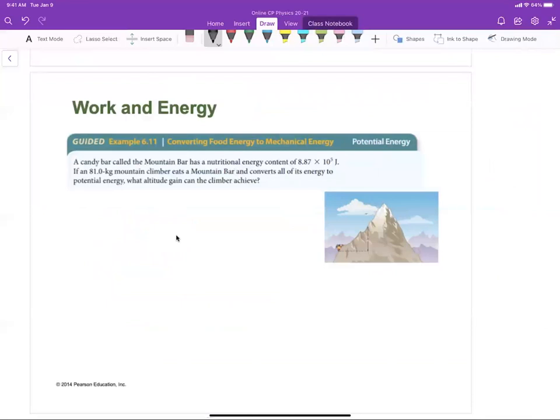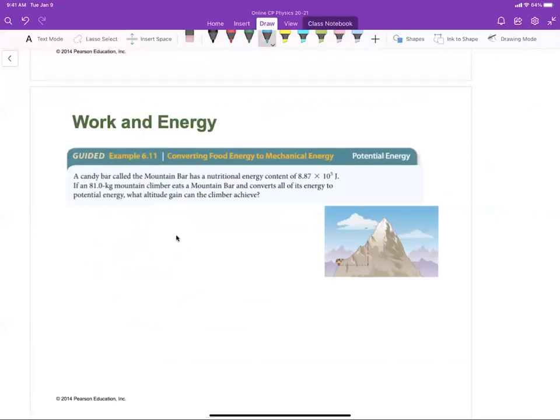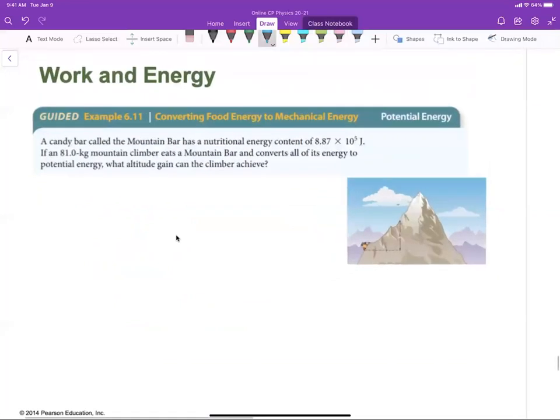Let's do another one. We have a candy bar called Mountain Bar that has a nutritional energy of 8.87 times 10 to the 5th joules. If an 81 kilogram mountain climber eats a Mountain Bar and converts all of its energy to potential energy, what altitude gain can the climber achieve? So we can actually convert food to energy.